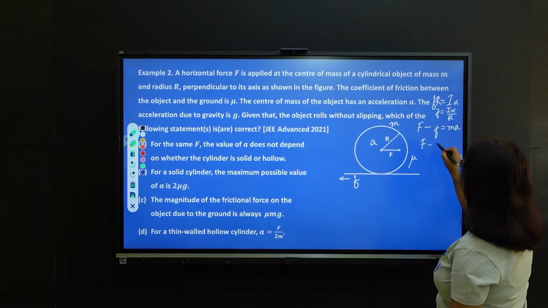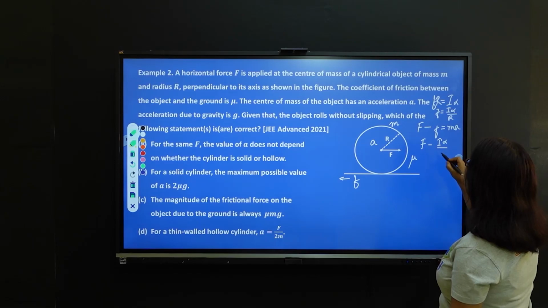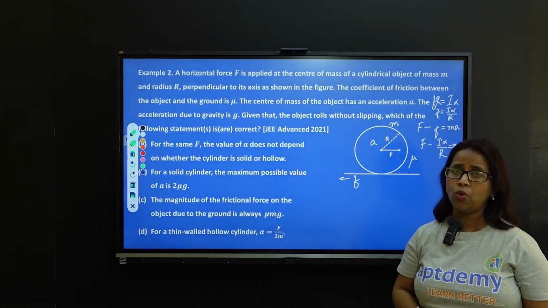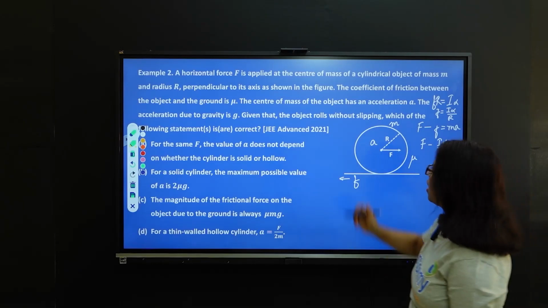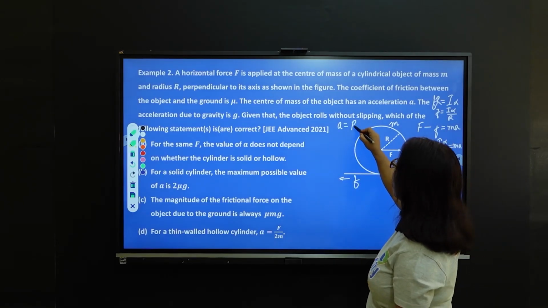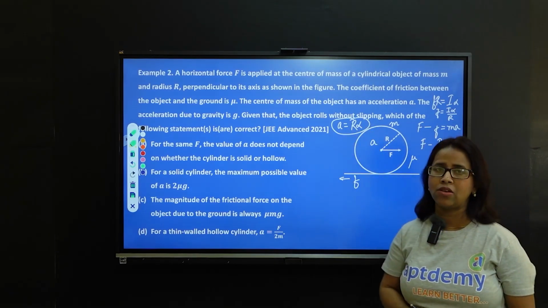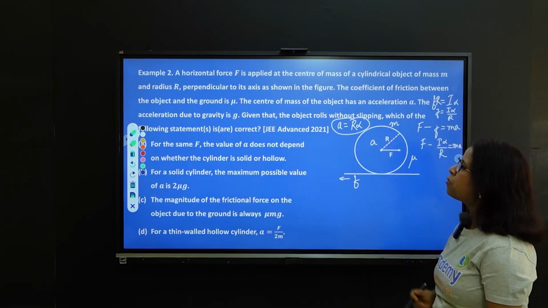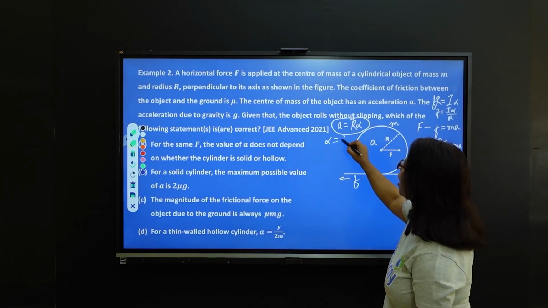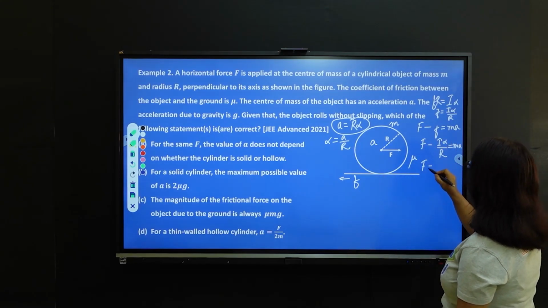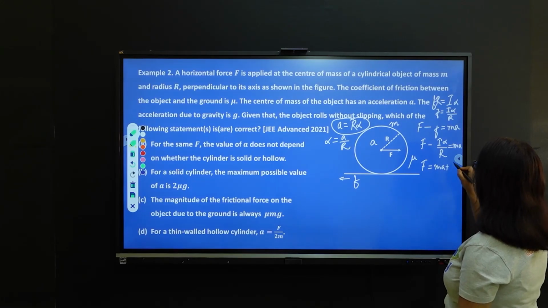So let's use this here. We have, in terms of f, I alpha by R, which is equal to ma. Now alpha is the angular acceleration, and as we know, linear acceleration a may be written as R alpha, where R is the radius of the cylindrical object. So from here alpha may be substituted as a by R. So let's substitute the value of alpha here. We have F equals ma plus I a by R square.